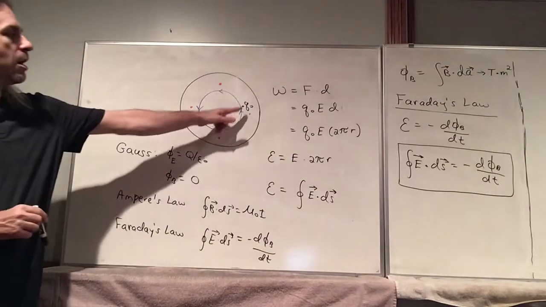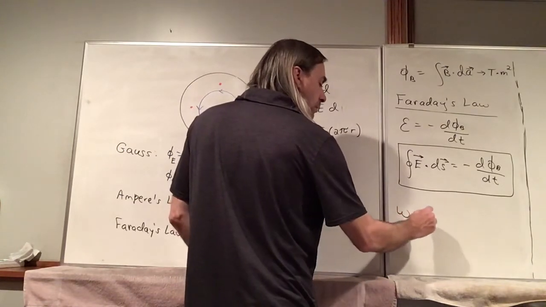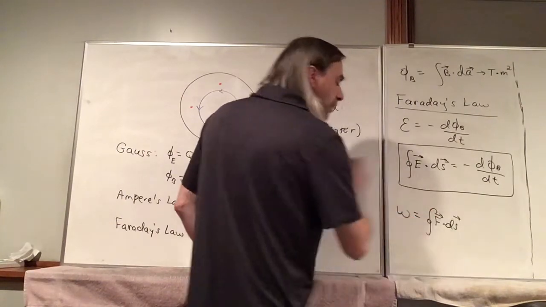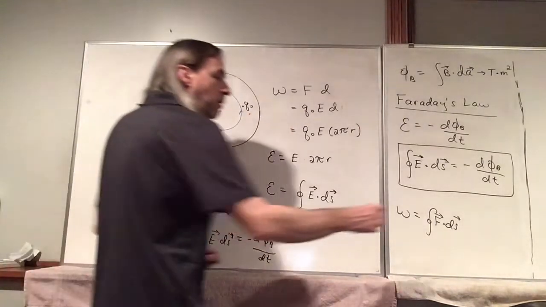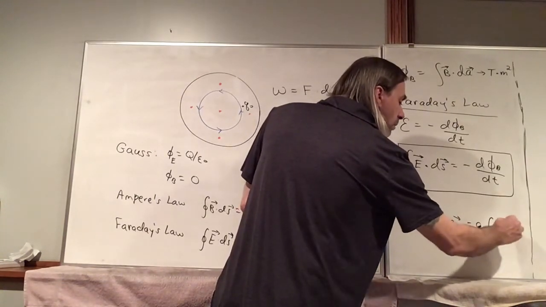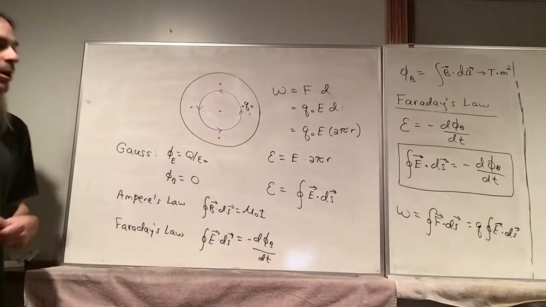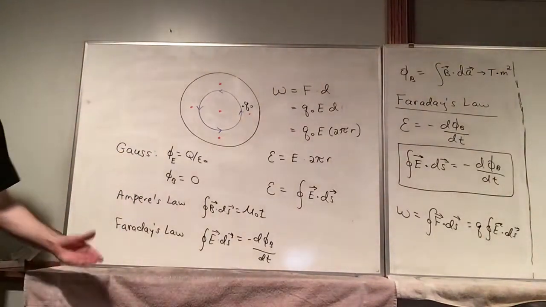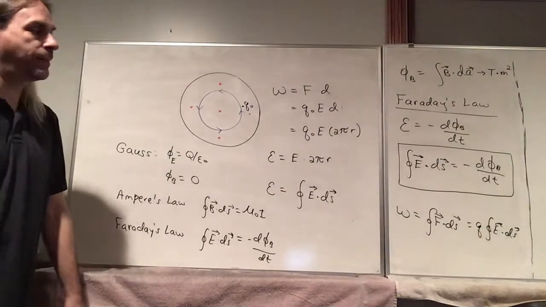Remember the work done on some closed path, we integrate the force over the path. And again, if we're looking at the electric force, that's just Q times the electric field. And in order for the electric force to be conservative, the work around any closed path has to be zero. And that is clearly not the case any longer.